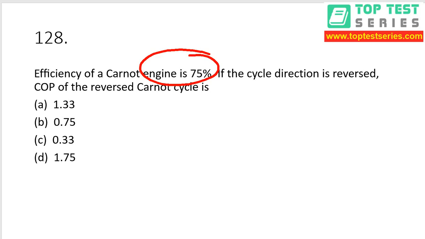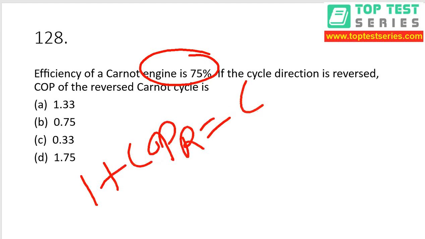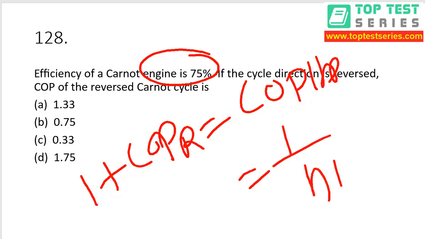I am also sharing the relation: 1 plus COP of refrigerator is equal to COP of heat pump, which is equal to 1 by efficiency of heat engine. Use this relationship to find the answer. But which device will you consider, refrigerator or heat pump? That is the main thing you need to understand for this question.